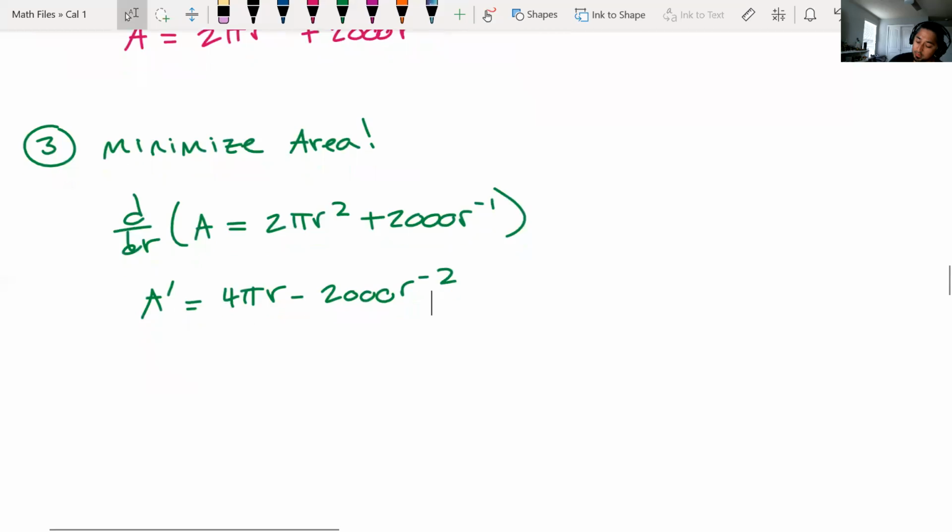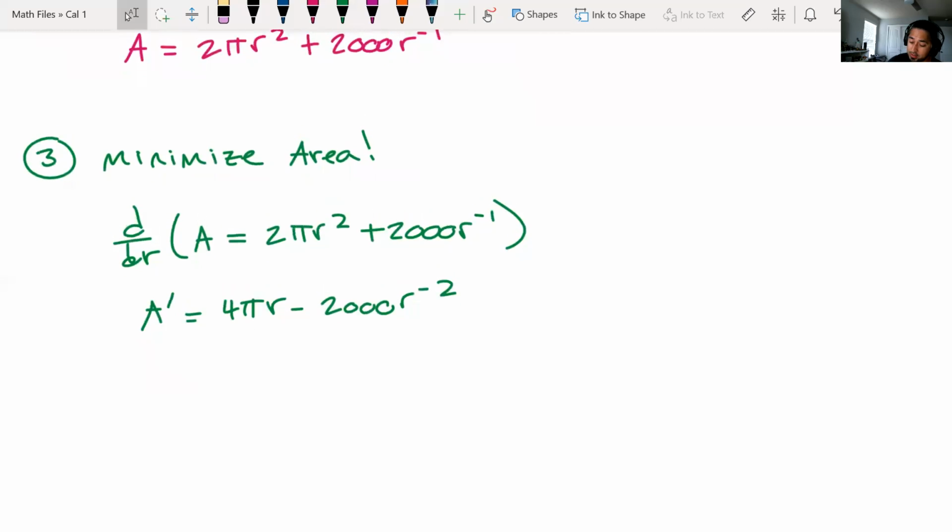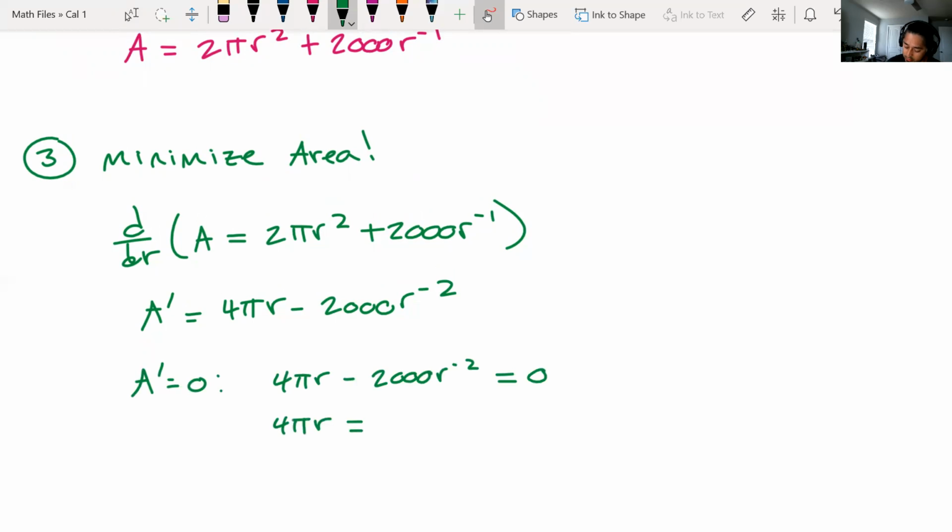Okay. And after we take the derivative, we set it equal to 0. So you'll get 4 pi r minus 2,000 r to the negative 2 equals 0. Move the 2,000 over, and you'll have 4 pi r equal to 2,000 over r squared.